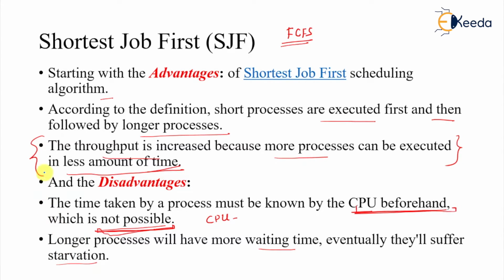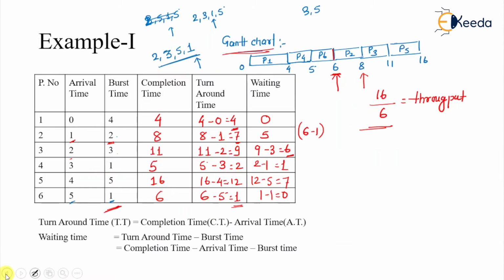I think this throughput statement is not correct. Let's do a small analysis here. If I execute this in FCFS manner, I have doubt about this throughput statement, though I have written it.